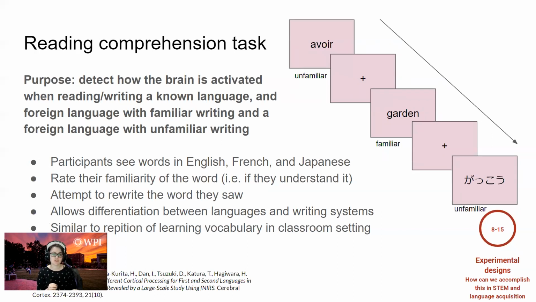Then they'll attempt to rewrite the word that they saw and rate the familiarity of the word, like whether they understand it or not. This allows for differentiation between languages and writing systems, which is crucial because sometimes you can tease out what a word means because you can read it. So maybe that will still process just because you can read what it says as language, whereas something completely unfamiliar like Japanese won't even register as anything.